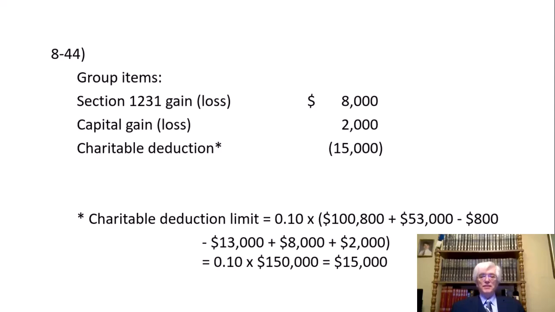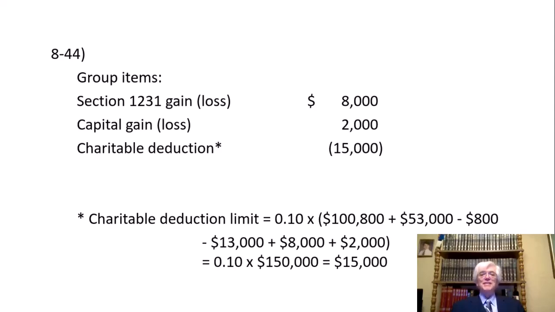So if this consolidated group had contributed one more dollar, it would have been a carryover. They wouldn't have been able to deduct it. 15,000 was the limit. As it is, they can deduct all 15,000 of their charitable contributions because they just happened to hit exactly the charitable deduction limit.